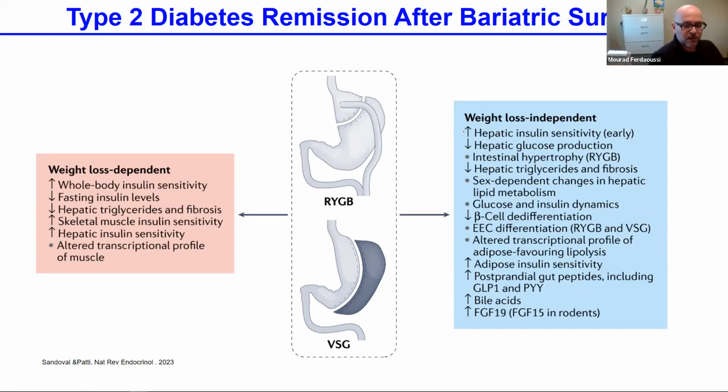There is also a hypothesis that it increases insulin sensitivity. Other hypotheses suggest that it involves bile acids or other hormones that are secreted by the liver, what we call hepatokines, like FGF19.